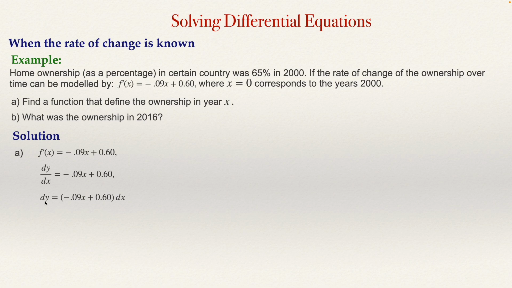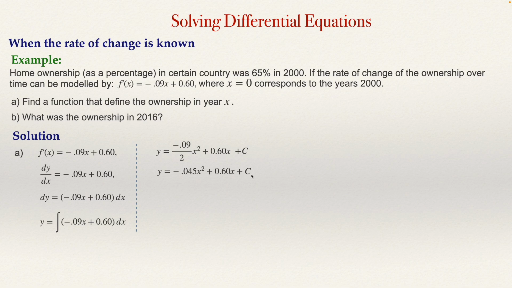One side will be y, and the other side will be the integral of this function dx, which is minus 0.9x squared divided by 2 plus 0.60x plus a constant of integration. So this is negative 0.045x squared plus 0.60x plus c.